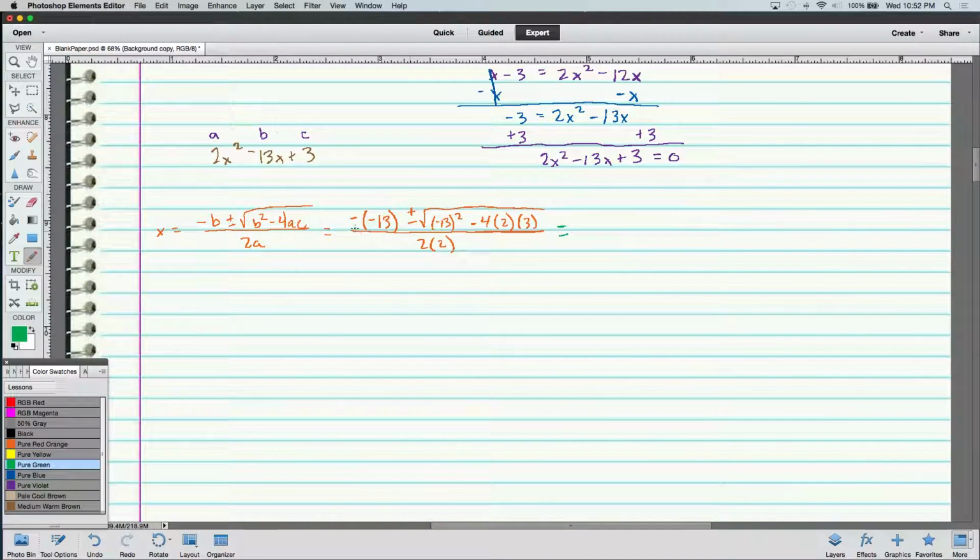Now let's simplify this. A negative and a negative will make a positive, so we have a positive 13 on the outside, plus or minus the square root of negative 13 squared, 169, minus 4 times 2, which is 8, 8 times 3, which is 24. All divided by 4.